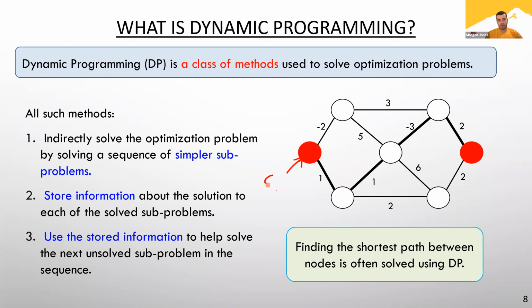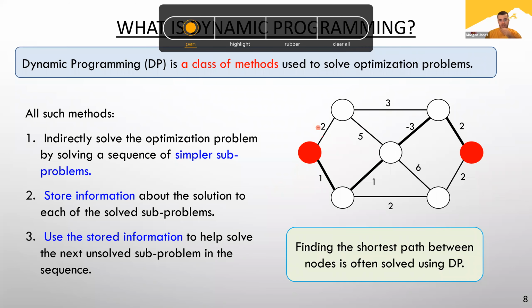A type of problem dynamic programming is used to solve is represented in this graph, where the node on the left is the starting position and the node on the right is the finish position. And the algorithm is solved by finding the path with least cost from the start to the finish. And when you transition between two nodes, there's a cost depicted by these numbers.